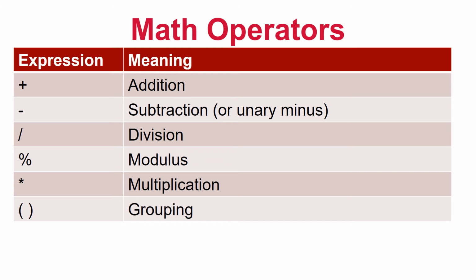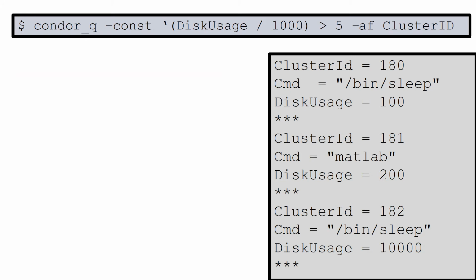As you should expect by now, if either operand to a mathematical operator is undefined, the result is undefined. And here's a quick example of a mathematical expression in action. Disk usage is stored in kilobytes, so if we divide it by 1,000, or is it 1,024, we'll get megabytes, and we'll try to select those jobs whose disk usage is greater than 5 megabytes, which selects job 182.